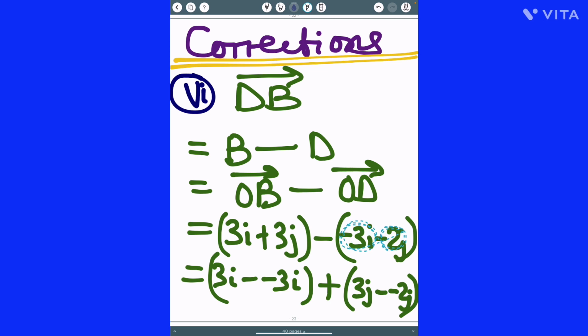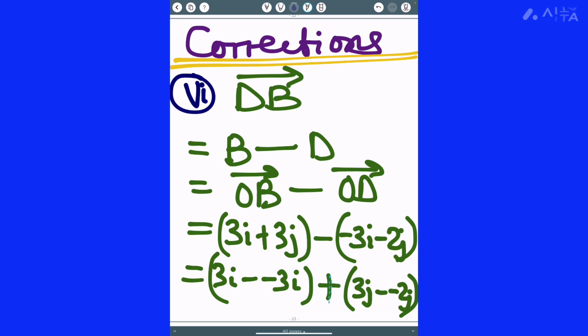So in this kind of question, we bring the i's together, 3i minus 3i. Second, we put the j coordinates together, 3j minus 2j.